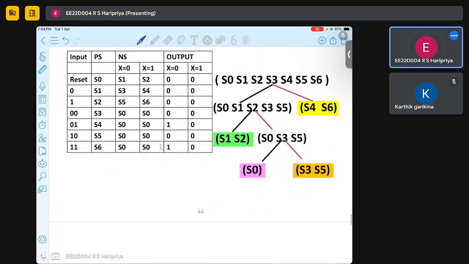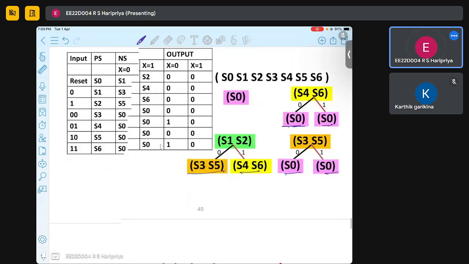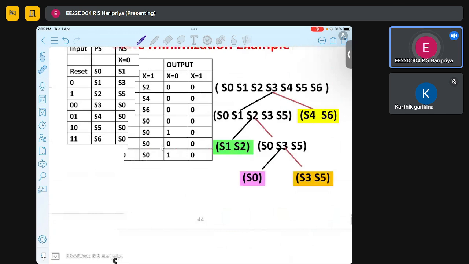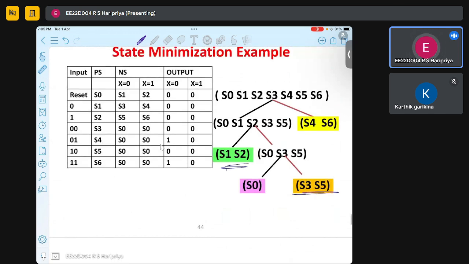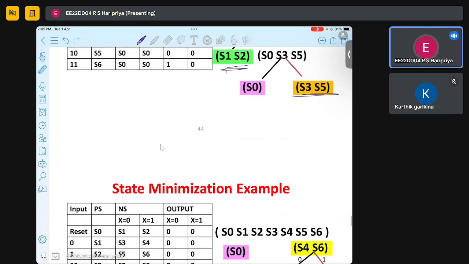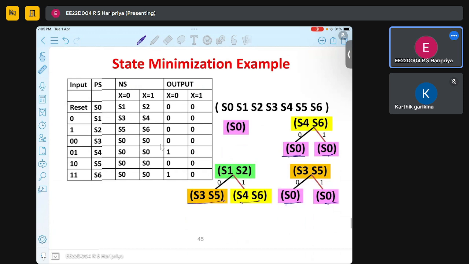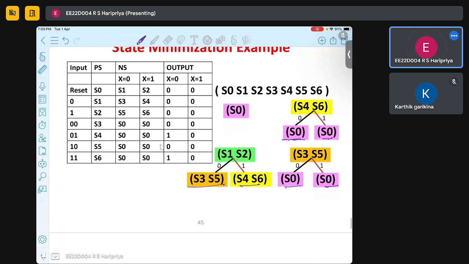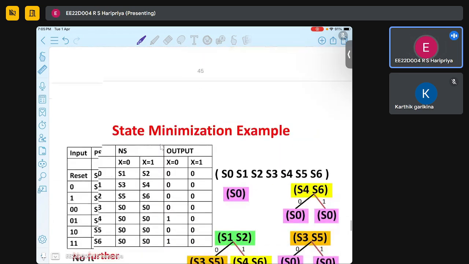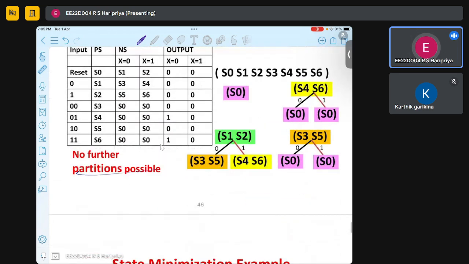Now we are left with this, this, and this. So 1, 2, and 3, 5, and 4, 6. So again, if you see, they are in the same set. That means further partitioning is not possible. So this is the reduced form.